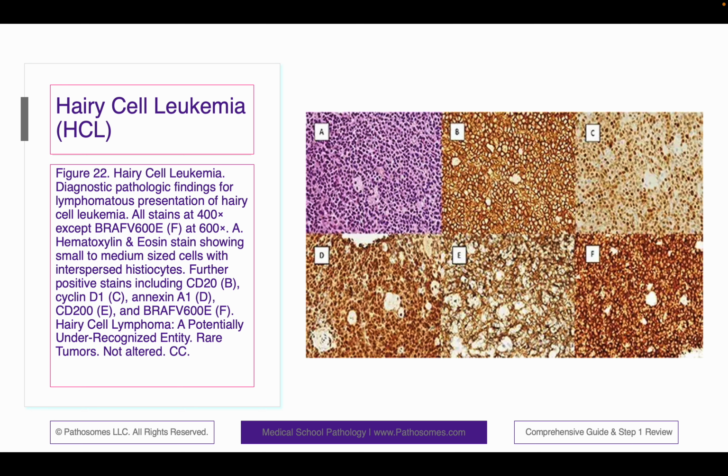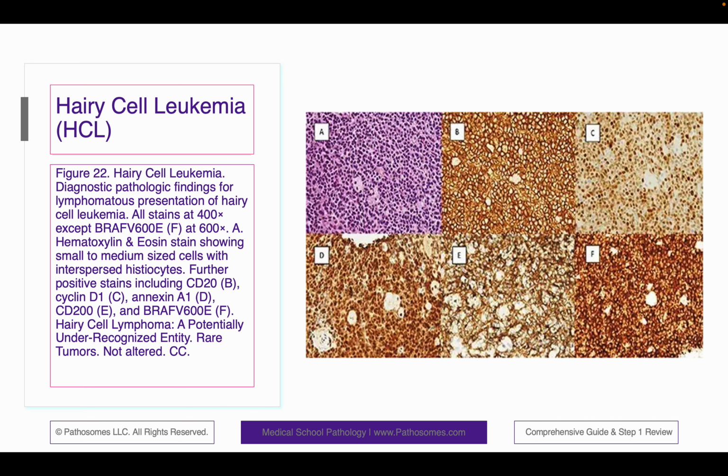Besides the presentation and the physical exam, the notice of a dry tap, the proper epidemiology like an older Caucasian male, certain stains can be utilized, such as CD20, which picks up on the B cell markers, cyclin D1, annexin A1, CD20, and importantly, BRAF V600E. You'll need to know that. Remember BRAF V600E for hairy cell leukemia.